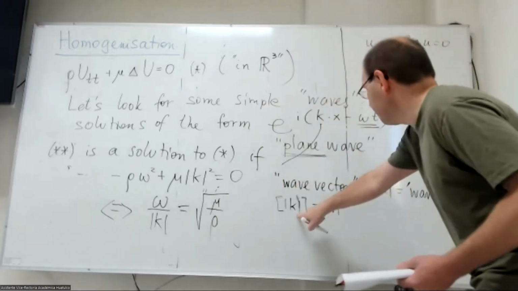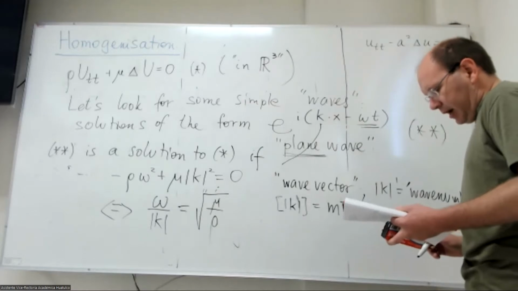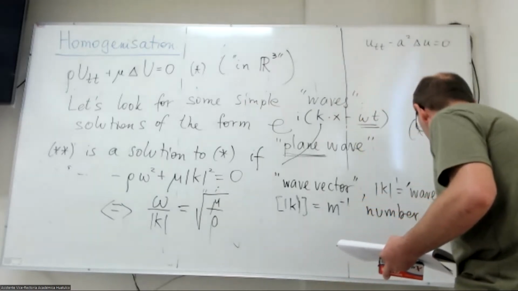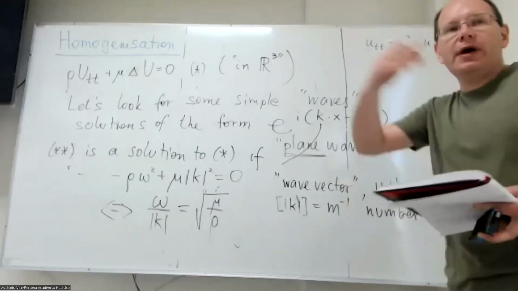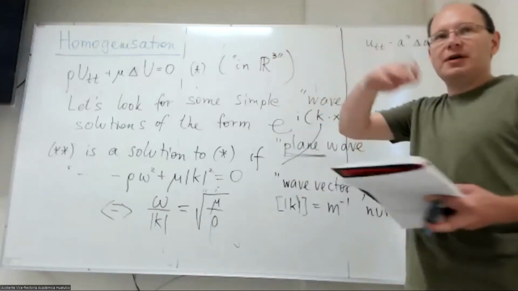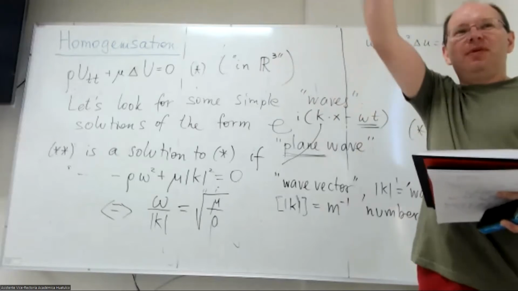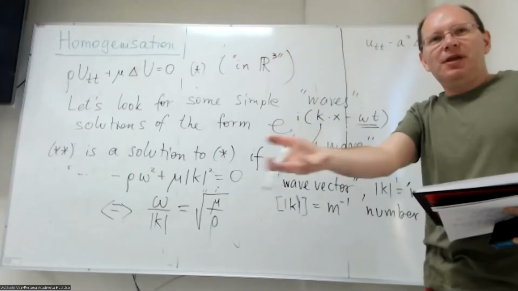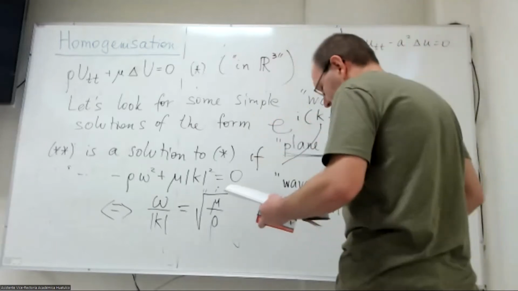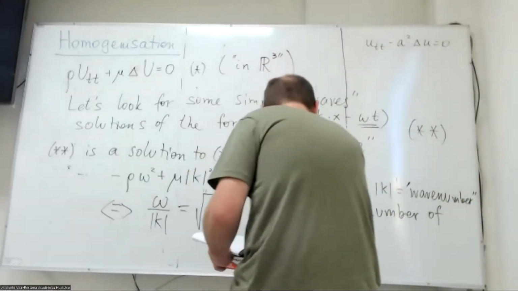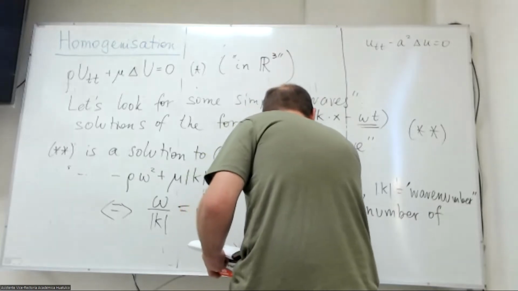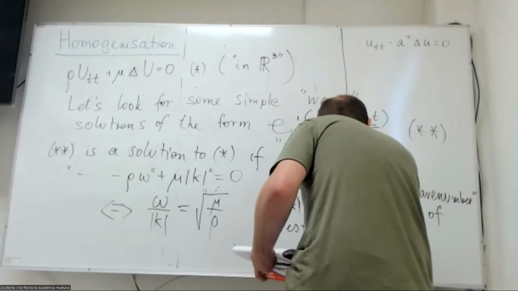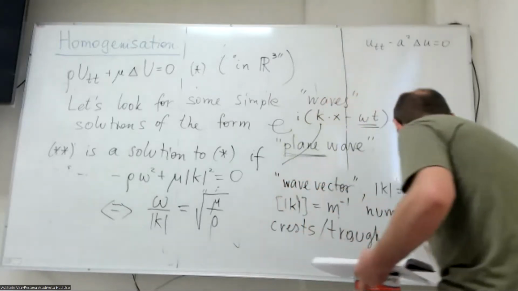This is basically the number of waves, the number of crests and troughs, per unit length. Crests are the maxima of this wave, and troughs are the minima.